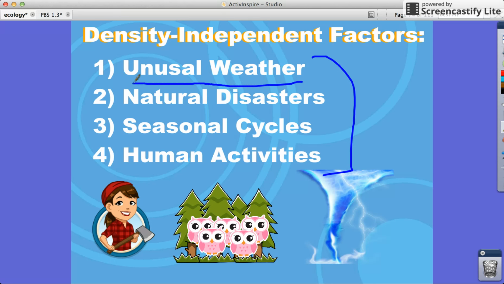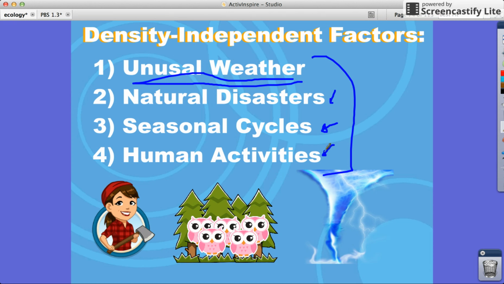So think extreme seasonal changes. Right now we have extreme heat, which isn't normal for this time of year for it to be this warm. Natural disasters, so tornadoes, hurricanes, earthquakes. Seasonal cycles, just the natural change of summer to fall to winter is going to cause a population to possibly decline or increase, but most likely decrease.